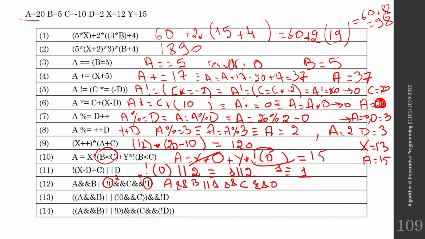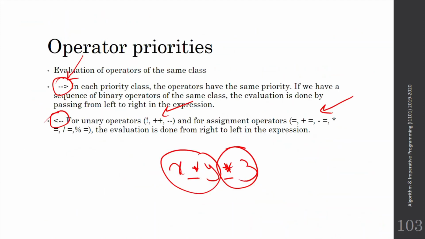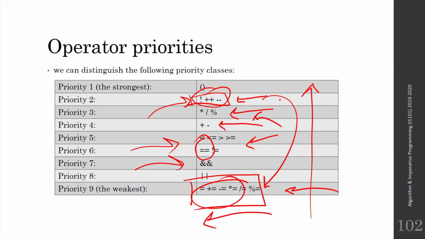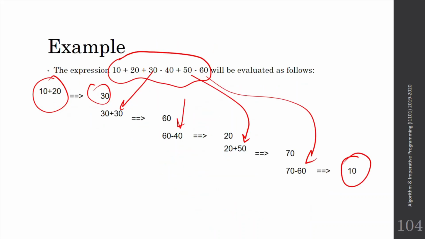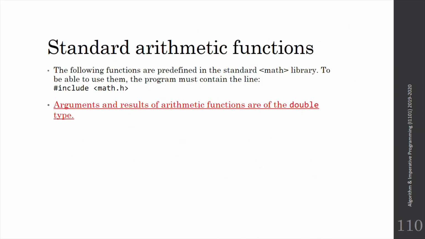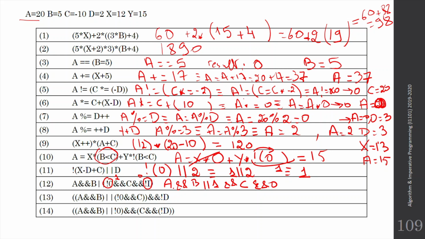0. So if you go back to the table, we have and, or. First we evaluate and, then we will evaluate or. We know from mathematics that and is more powerful than or. So we have A and B. In A we have 20, which is not 0, so it's true. B is equal to 5, again it's not 0, so true and true, it means true.